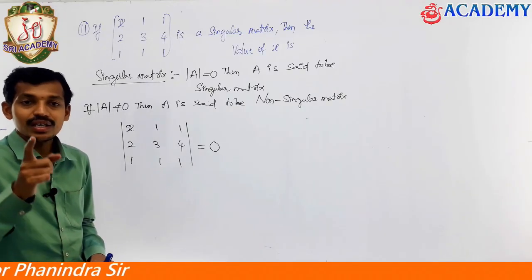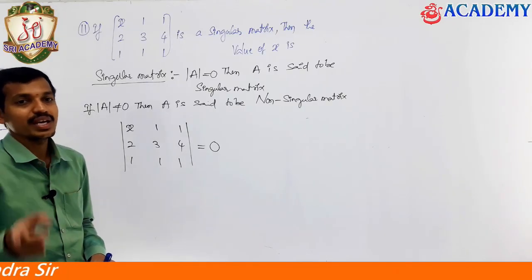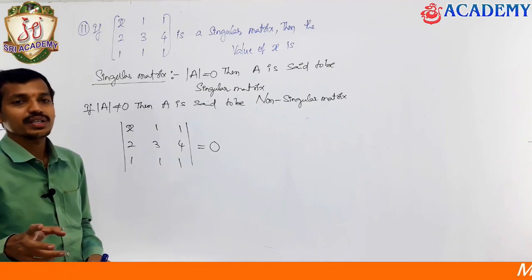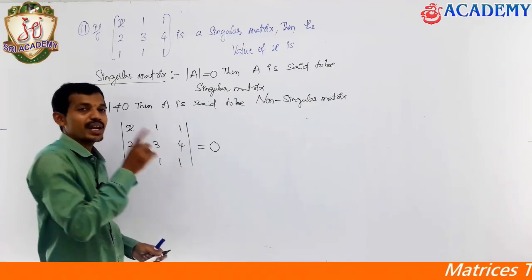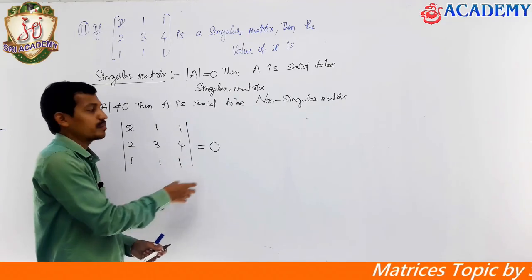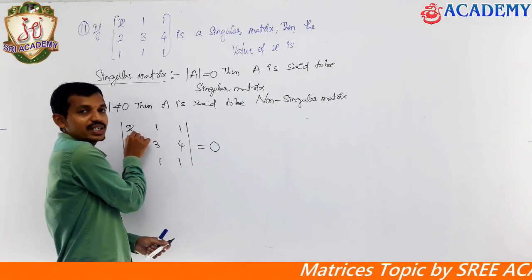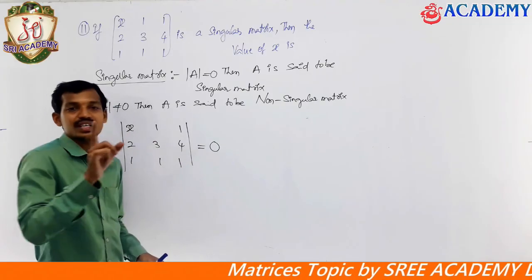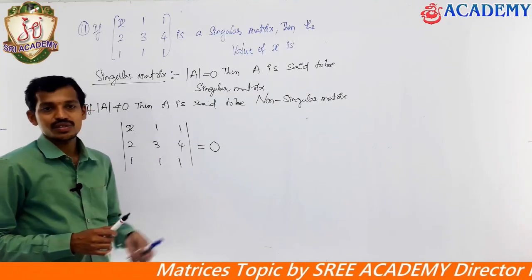Always, the determinant of a matrix, whether 2 by 2 or 3 by 3, is always going to be a number. Indirectly it simplifies to a number. By using the unknown, that is the variable, we get one equation, and by using that equation you have to solve.